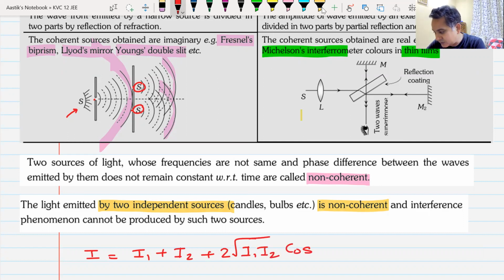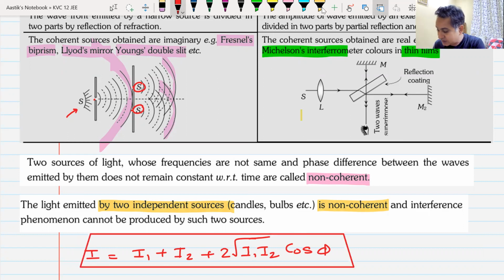Now remember, this formula that we have seen, very important point, because I've seen a question of this come in a JEE exam. This formula is only valid for coherent sources. The formula that we have written for intensity or amplitude is only valid for a coherent source.